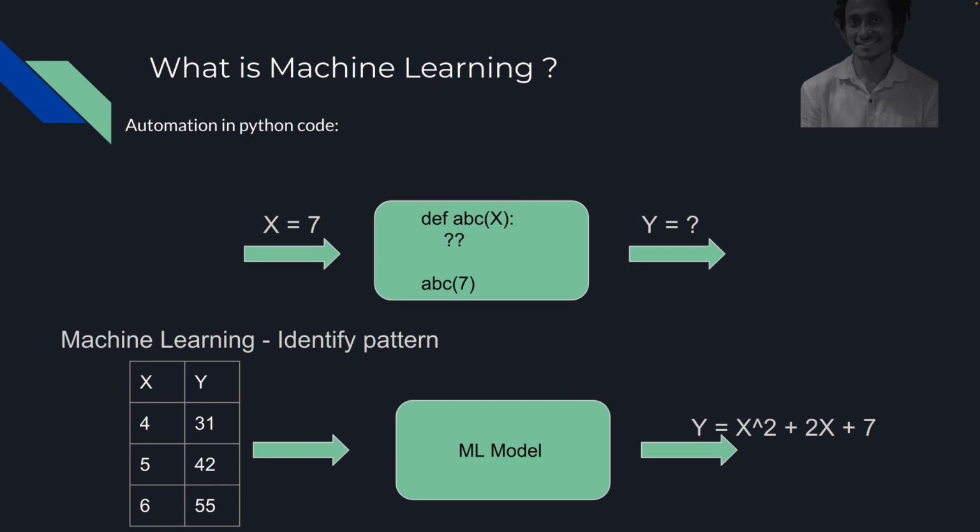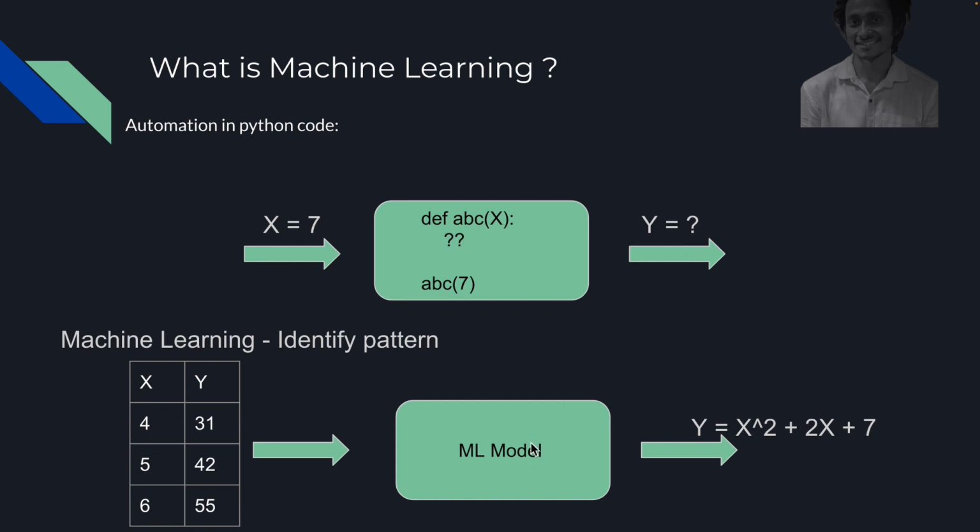If you see the difference between a software engineering task and a machine learning task, in a software engineering task, you need to know the logic to be able to implement it. Given an input, the logic would get executed as Python code, let's say, and you would get exactly the correct output.